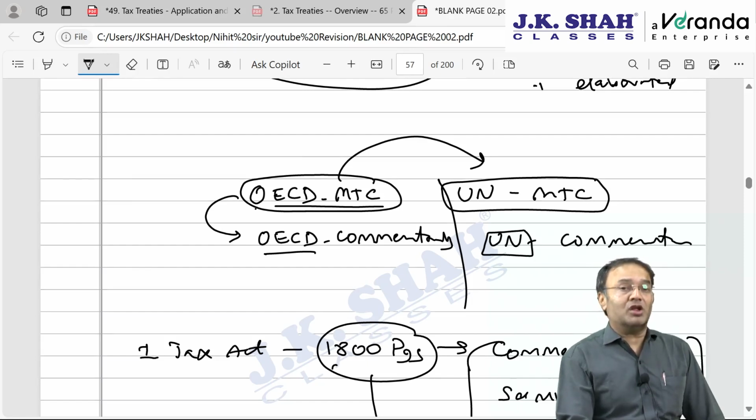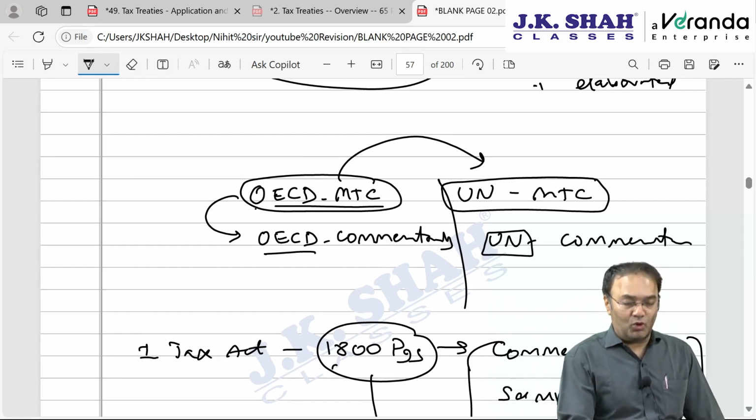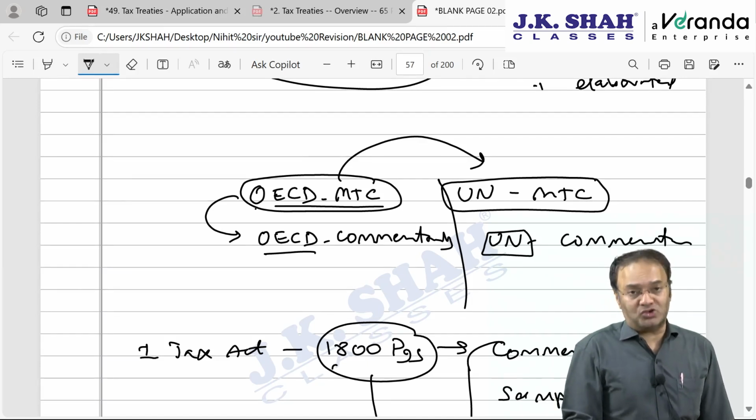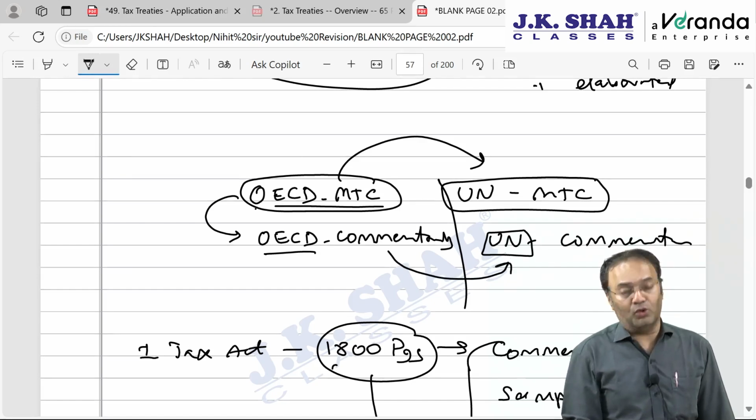So the UN Model Convention is basically copy pasted and modified from the OECD Model Convention. Since the UN Model Convention is based on the OECD Model Convention, therefore UN commentaries are also based on OECD commentaries.